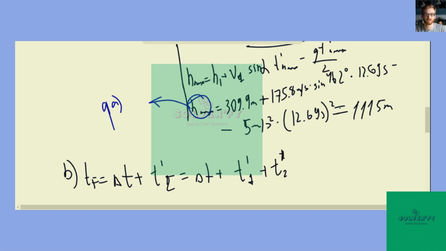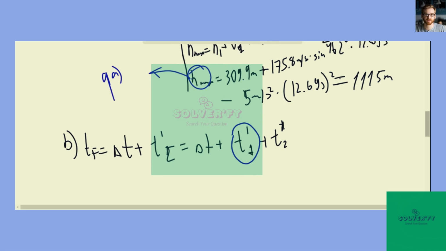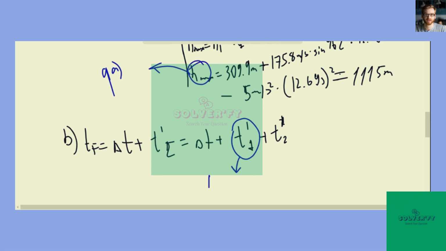The first component is the time needed to reach the maximum, and t2 prime is the time to land from H maximum.